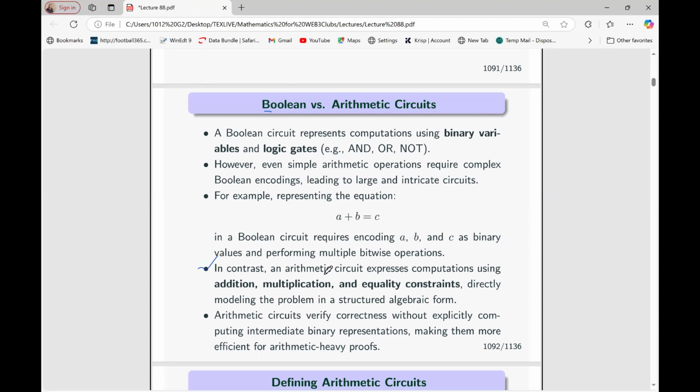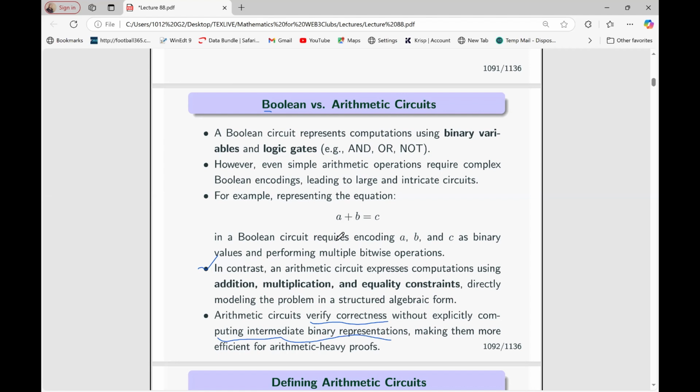That in contrast, an arithmetic circuit expresses computations using addition, multiplication, and equality constraints, directly modeling the problem in a structured algebraic form. Therefore, and again, just to emphasize, arithmetic circuits verify correctness without necessarily computing the intermediate binary representation.